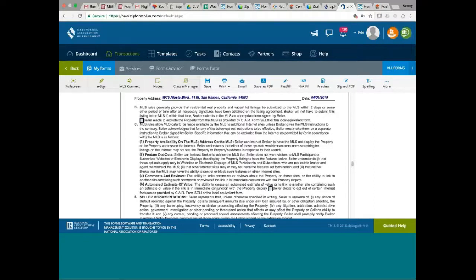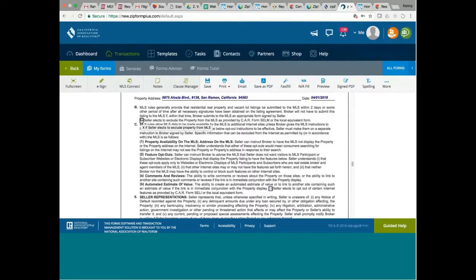Now, this is talking about our obligation to submit all signed listings to MLS within 2 days. Okay? So pay attention to your local rule. After you sign the listing, you're obligated to submit your listing to the MLS within 2 days. Certainly, the seller may elect to exclude the property from the MLS.